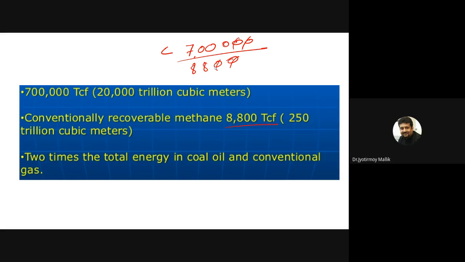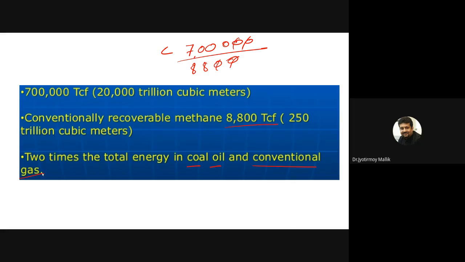How many times more hydrocarbon is present in these clathrates? 2 times the total energy in coal. If you now include coal, oil, and conventional gases, everything together, the total energy stored in clathrates is already 2 times more than all the coal, oil, and gas that is present and that has been exploited so far by human beings.